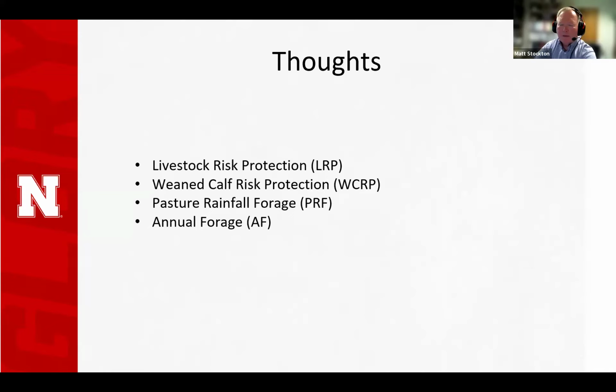I have experienced a little bit with multi-peril crop insurance, which is a little different. And one of the things that I note is that multi-peril crop insurance has some interesting caveats, if you will. A lot of people insure at a low level.